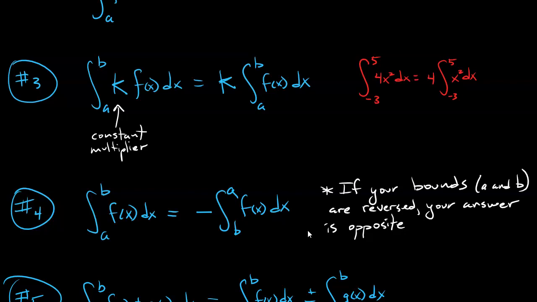So what you're supposed to take out of this is, if your bound numbers are flipped, the answer becomes the opposite. That's really all you should get out of that.